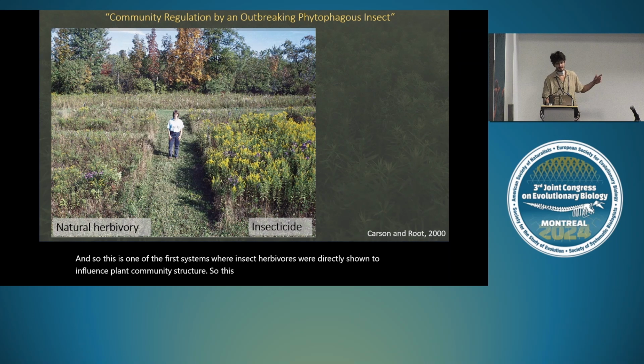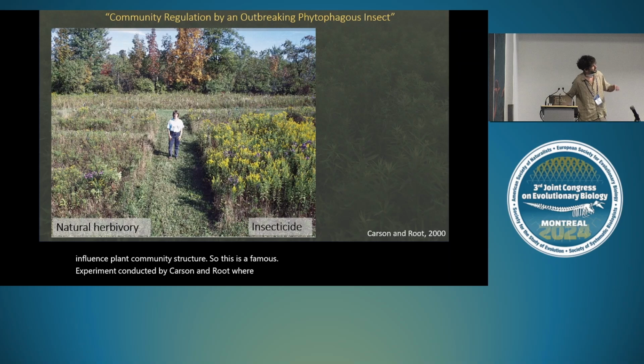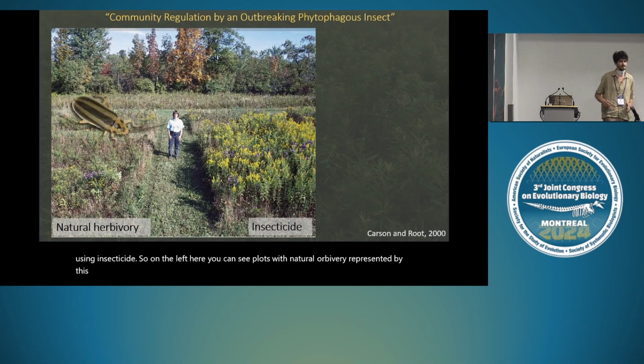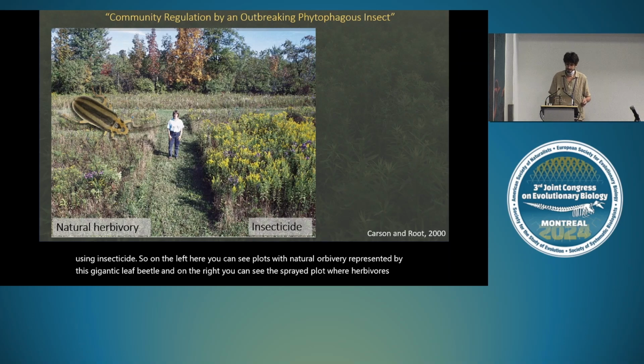So this is a famous experiment conducted by Carson and Root, where they experimentally excluded herbivory using insecticide. So on the left here, you can see a plot with natural herbivory represented by this gigantic Chirabda leaf beetle. And on the right, you can see the sprayed plot where herbivores were excluded.